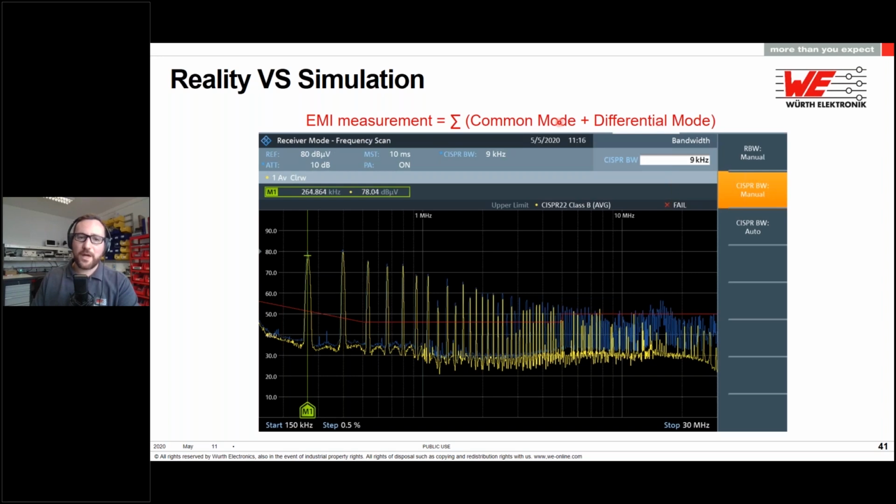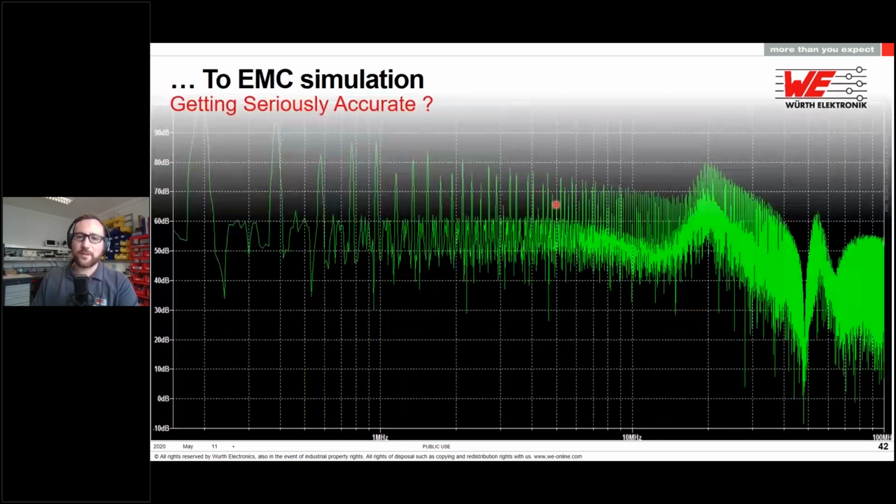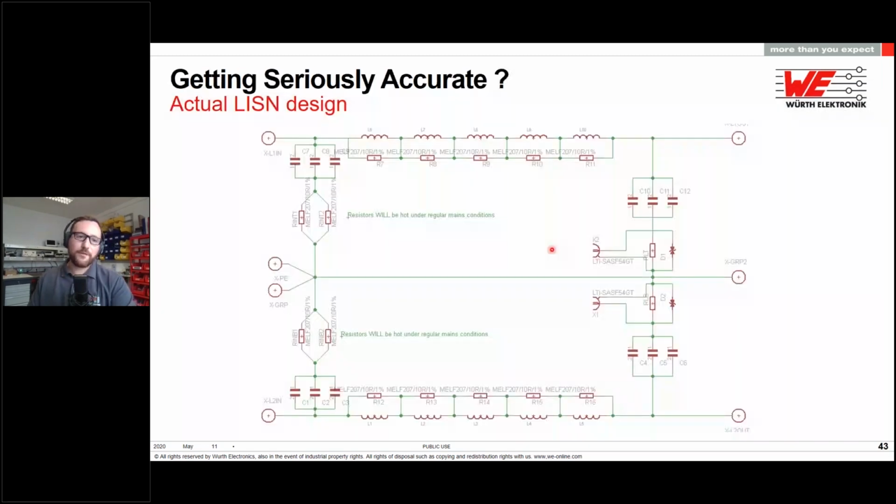So to be able to have common mode modeled, we have to add something to our simulation. For that, we have to get into the actual LISN design to understand why the common mode is measured and which way it is going. So this is a schematic from a LISN.